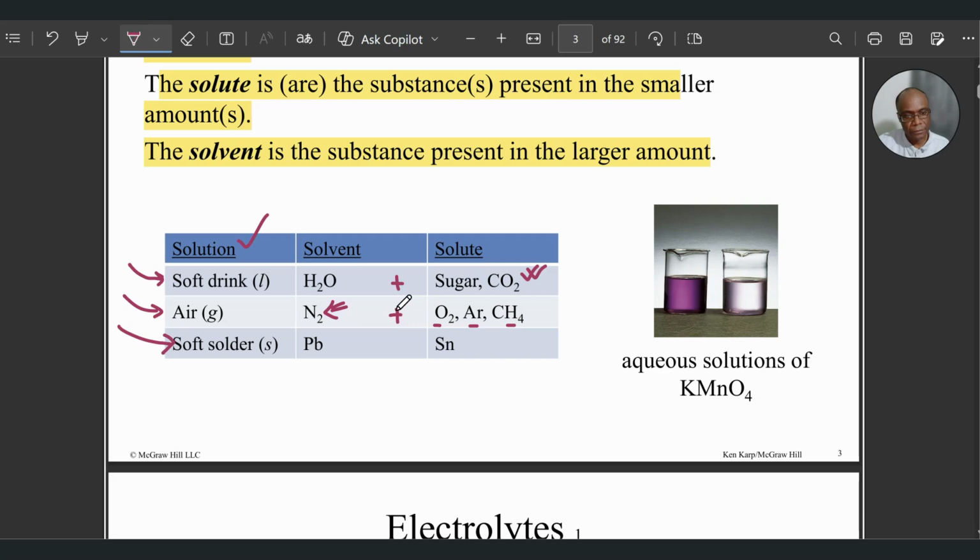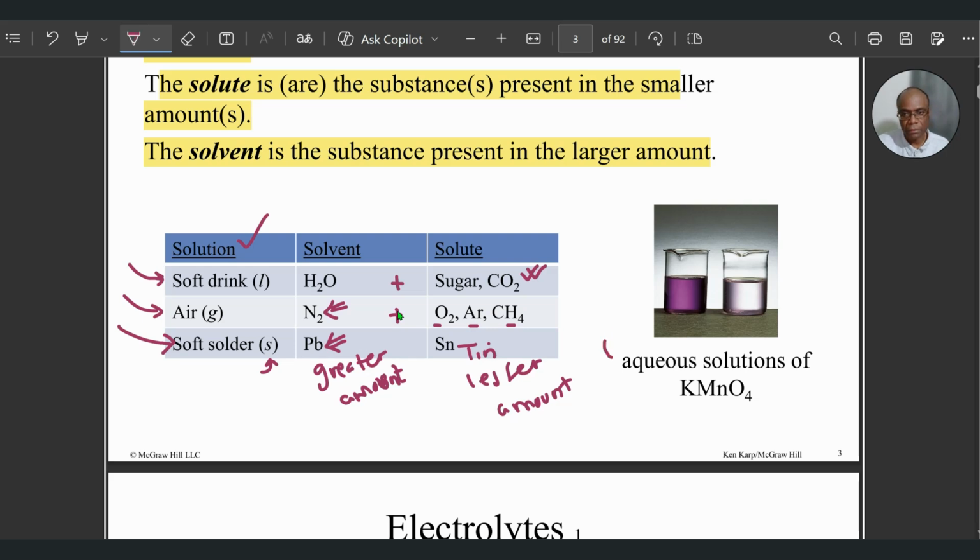Soft solder in solid state, looks like even solids can be termed as solution. And you see lead here is the solvent because it will be in the greater amount in soft solder. So anything in greater amount in the mixture is going to be taken as a solvent. And then this is tin in lesser amount in the mixture.